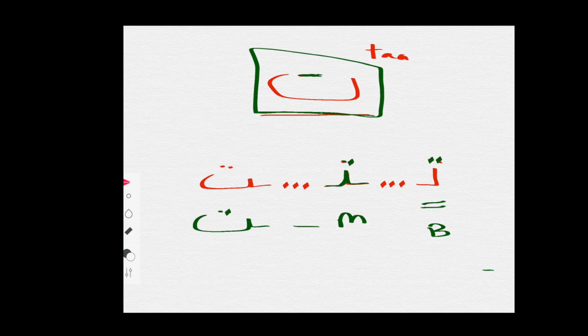So imagine this is the line, and you write it again, then you write two dots, then the letter Ta in the middle, staying on the line with two dots on the top, and finally the same letter with two dots on the top.